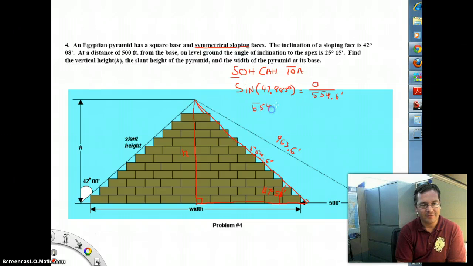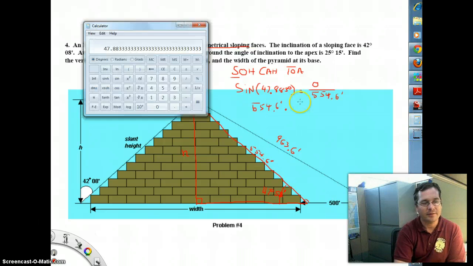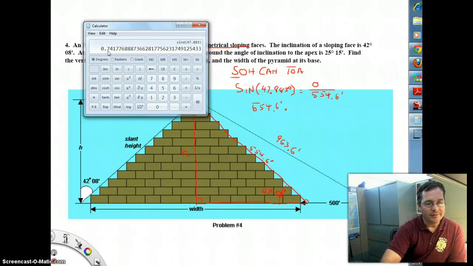So 554.6 feet times the sine of that number. Let's pull up the calculator, clear everything, and make sure we're in degrees mode. 47.883, take the sine function, and that's approximately 0.742.